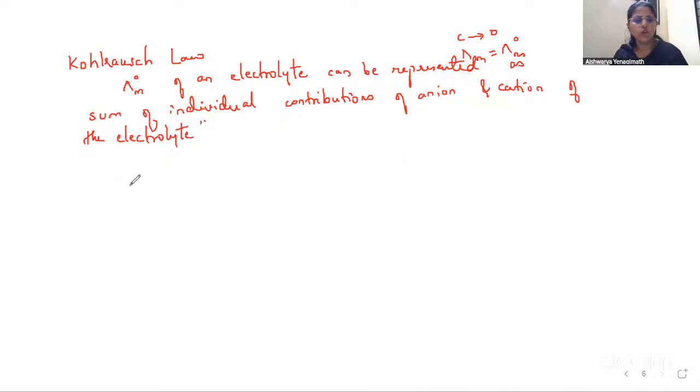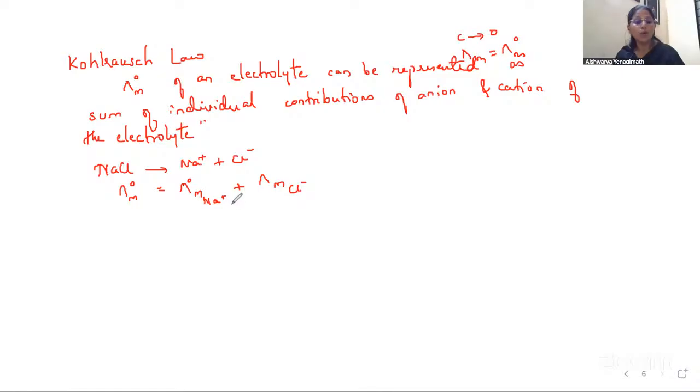So let us suppose we talk about the NaCl electrolyte, and you know that NaCl dissociates into Na plus cation and Cl minus anion. When I talk about limiting molar conductivity, it is the limiting molar conductivity of Na plus ion plus the limiting molar conductivity of Cl minus ion, the sum of the molar conductivities of both the ions.